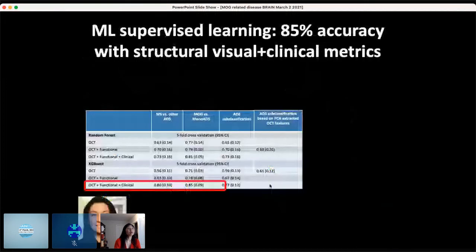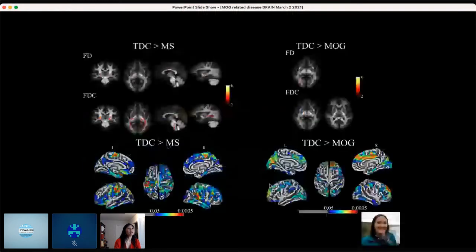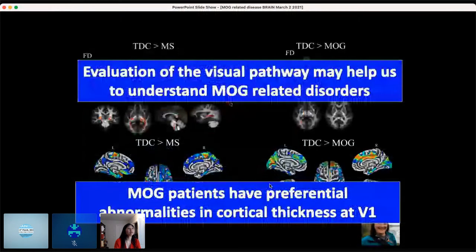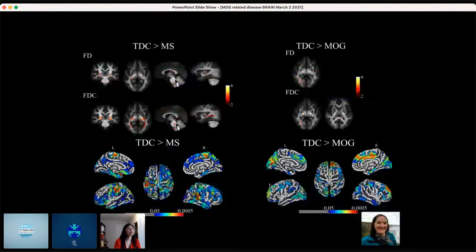Not only are visual pathways affected in the anterior visual pathway, but we went on to ask whether visual pathways were affected in children with MOG in relation to children with MS and in relation to typically developing controls.